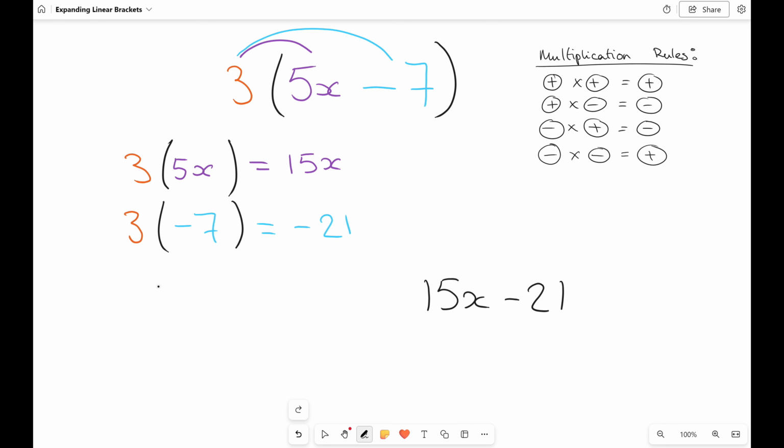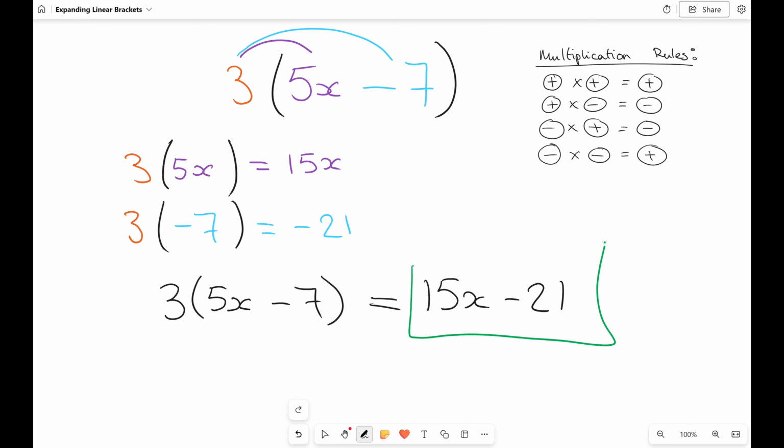Yeah? So it's saying 3 brackets 5x minus 7 can be written as 15x minus 21, which is the same thing, yeah? But you've expanded it. You've opened up these brackets. That's what expanding means, taking out of the bracket, yeah?